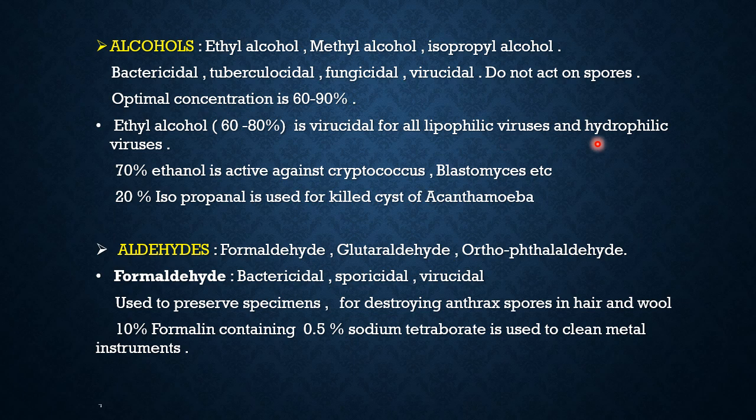Hydrophilic viruses attract water, are non-enveloped and do not have a lipid envelope. So it can kill both of these. It can also kill fungi. And 20% isopropanol is used to kill cysts of Acanthamoeba. Yes, so they can also kill amoeba.